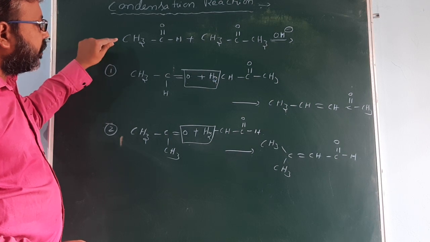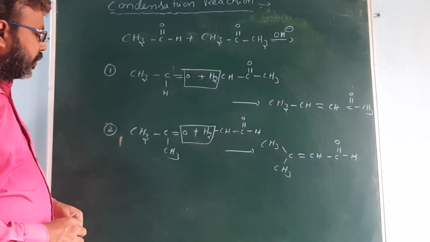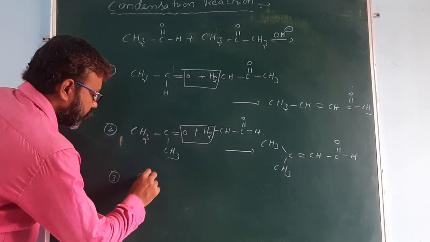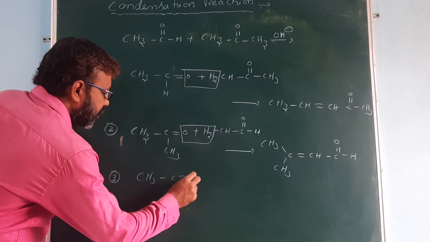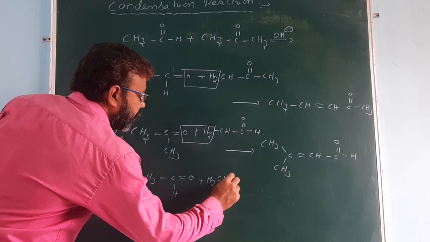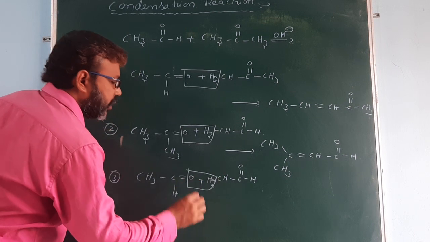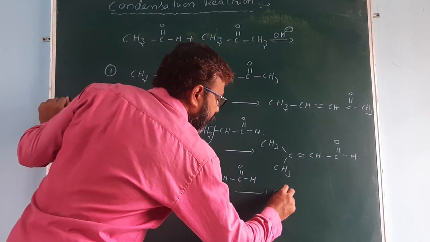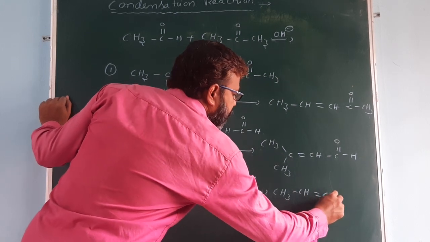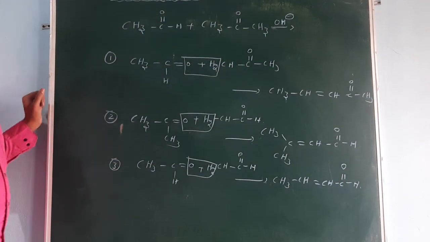1 mole acetaldehyde, one acetaldehyde molecule reacts with another acetaldehyde. We get a self aldol condensation product. So CH3 C double bond OH plus H2 CH C double bond OH to give alpha beta unsaturated carbonyl compound CH3 CH double bond CH C double bond OH. You get this product. Okay.